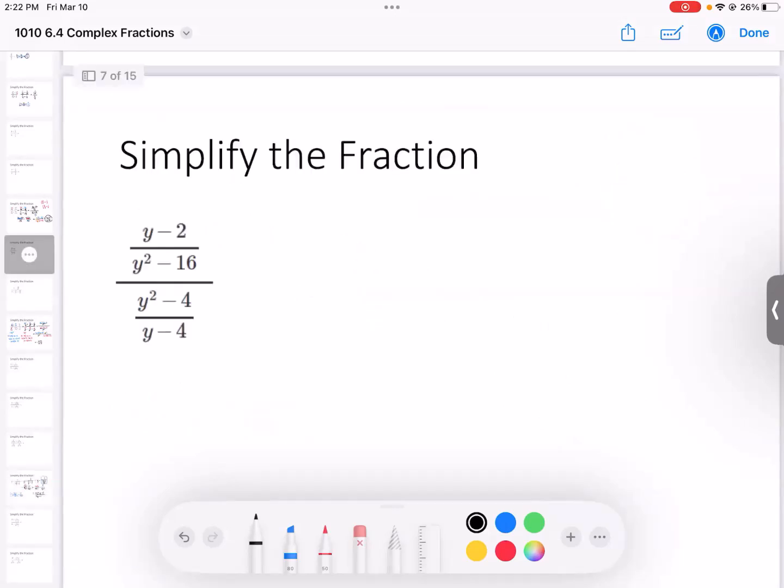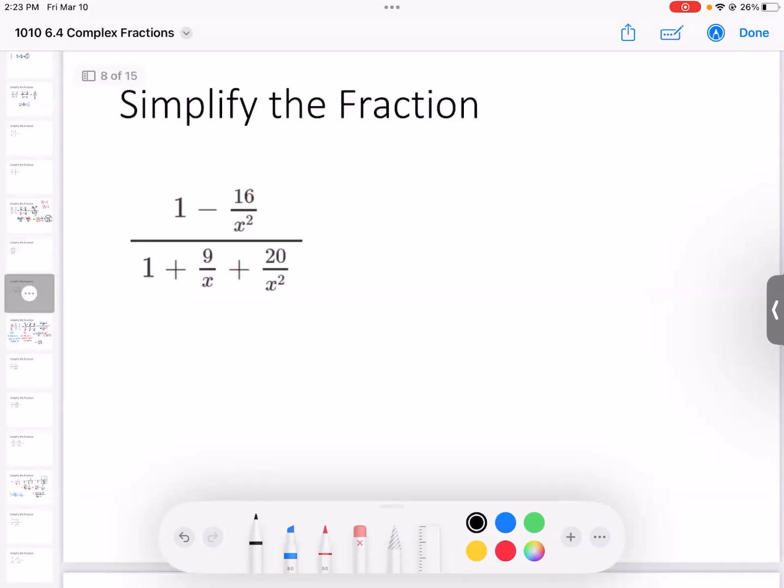So you'll have some like this one where it already has a single fraction on top and a single fraction on the bottom. So this is pretty easy because you don't have to find common denominators or anything. But you will still need to factor this because it's a difference of squares, and factor this and cancel out any like terms. And then you'll have some like these ones where you need to find the common denominators before you'll be able to do the factoring.